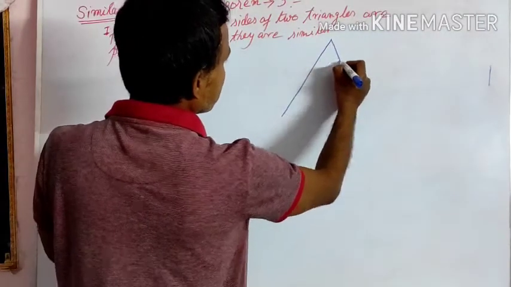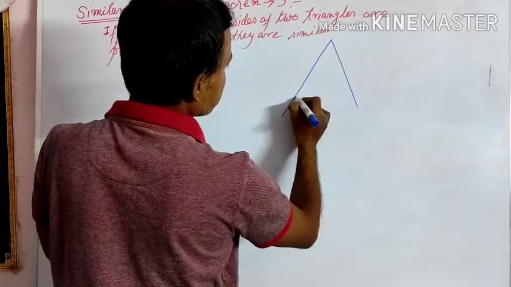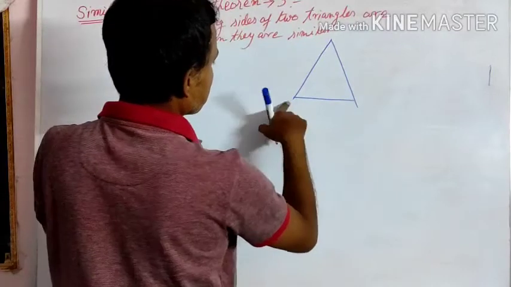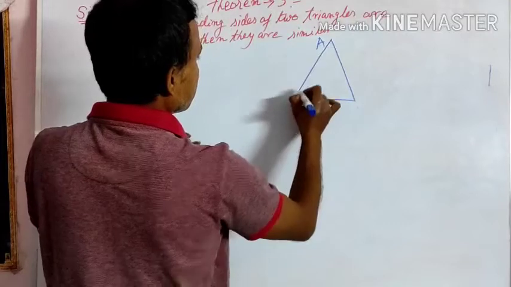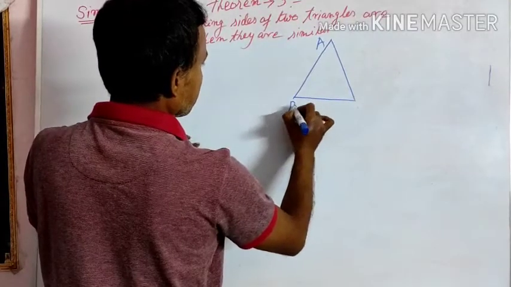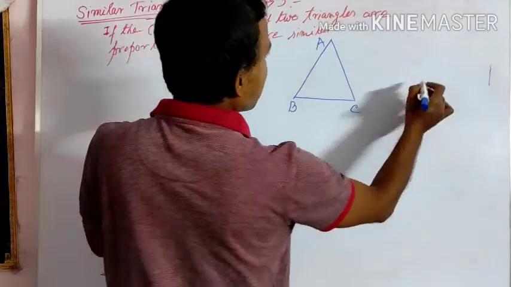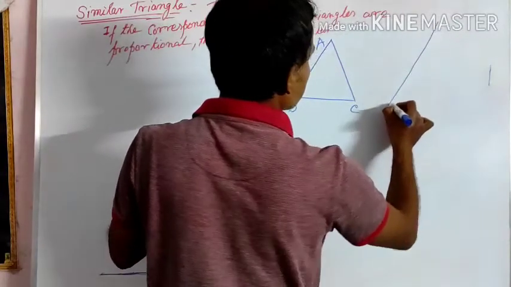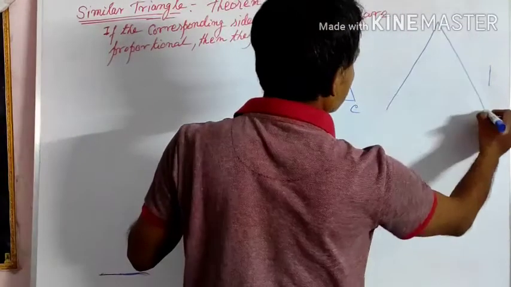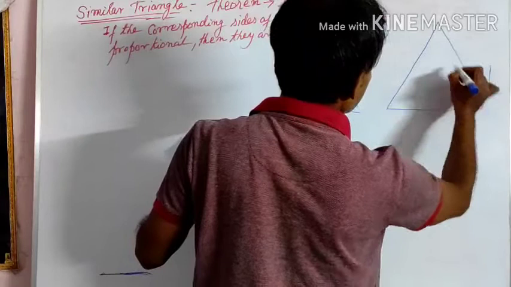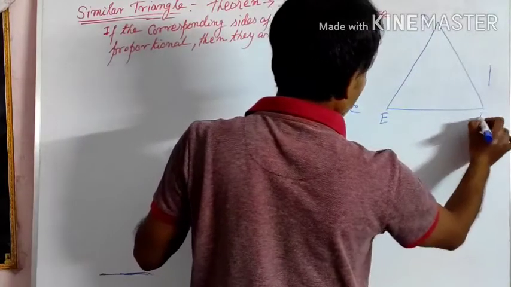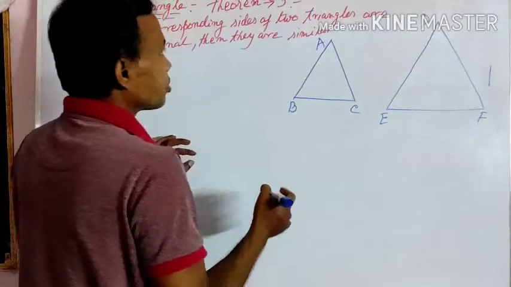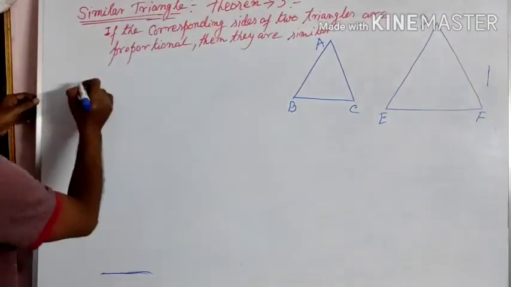Suppose this is your triangle ABC, and another triangle, suppose DEF.